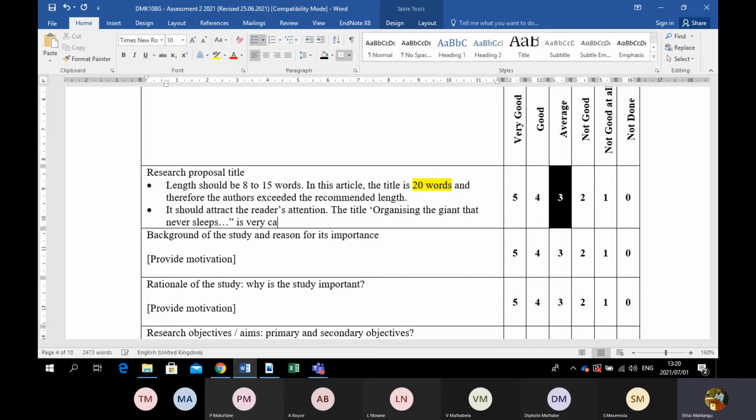It's very catchy, for example. It makes the reader have the desire to read more. Something such as that.